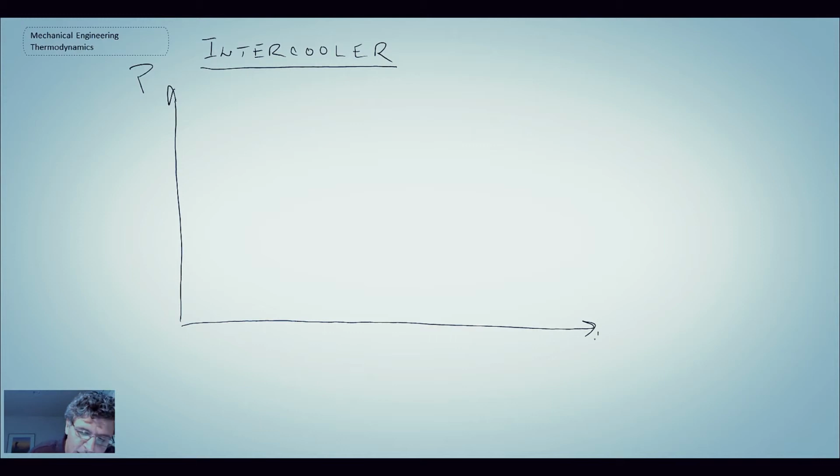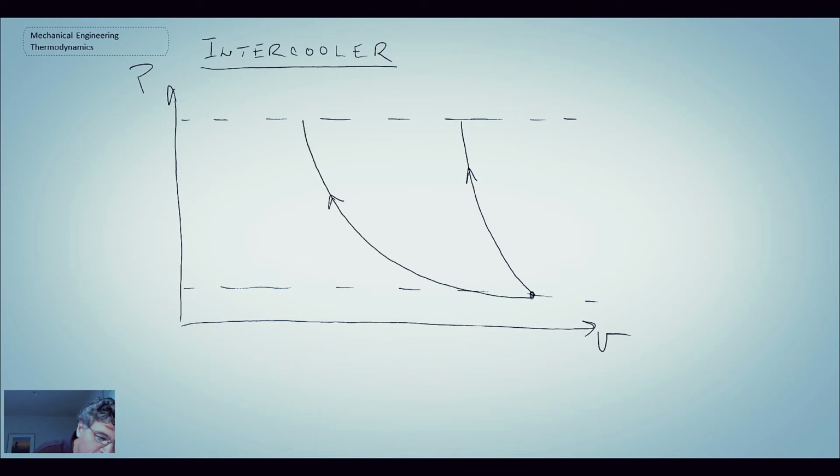So let's take a look at the PV diagram, and we'll look at what the intercooling process looks like. So P and our specific volume there. Again, we're going from a lower pressure to an upper pressure. And what I'll do is I'll sketch out the bounds to begin with, our isentropic process and then isothermal. And so a real world compression process would be in the middle somewhere. It's a polytropic process.